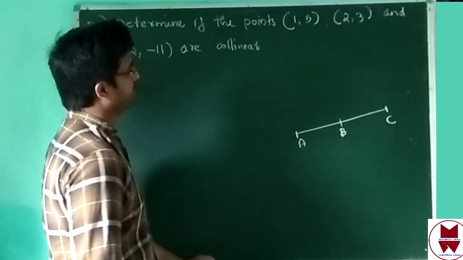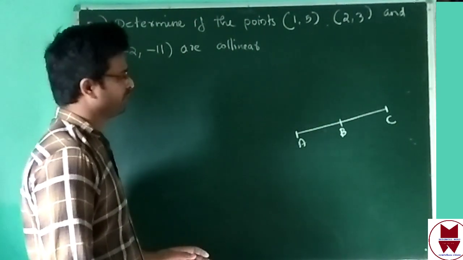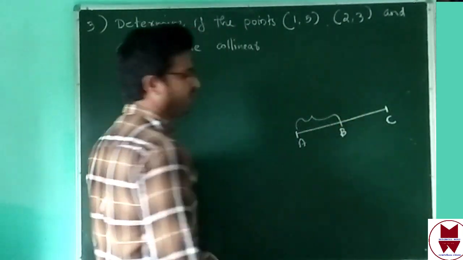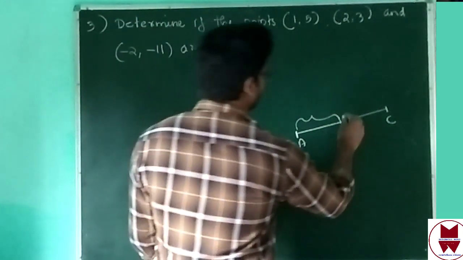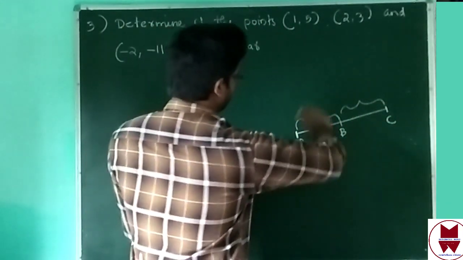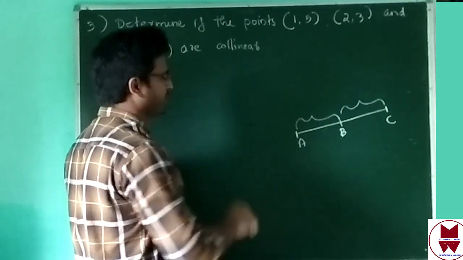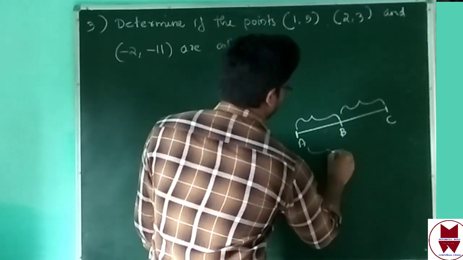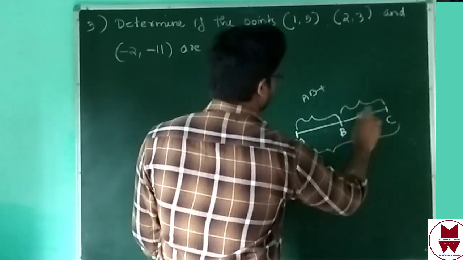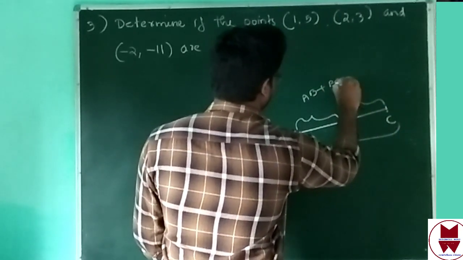We have to check whether the given points are collinear or not. First we will find the distance between A and B. Then we will find the distance between B and C. If the given points are collinear, then AB plus BC, what will you get?